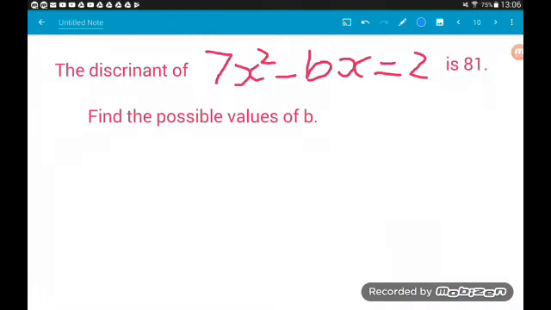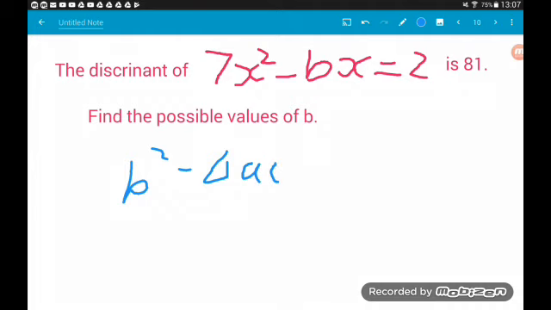Okay, so question 1. The discriminant of 7x squared minus bx equals 2 is 81. We want to find the possible values of b. So, remember the discriminant is b squared minus 4ac.